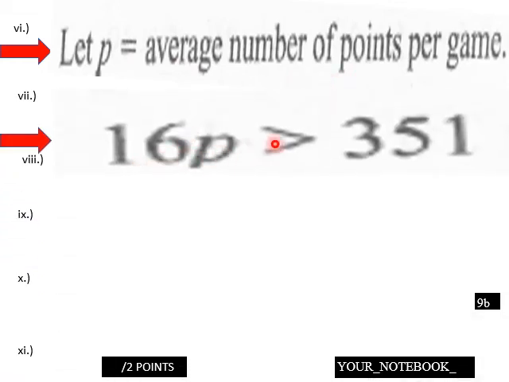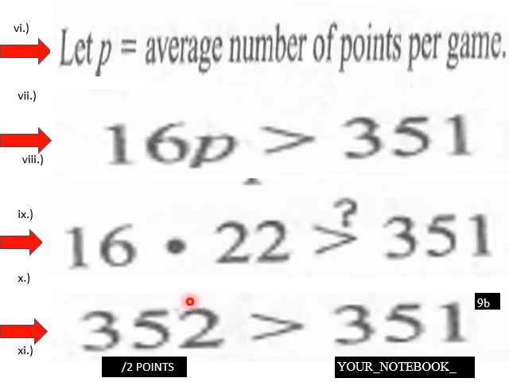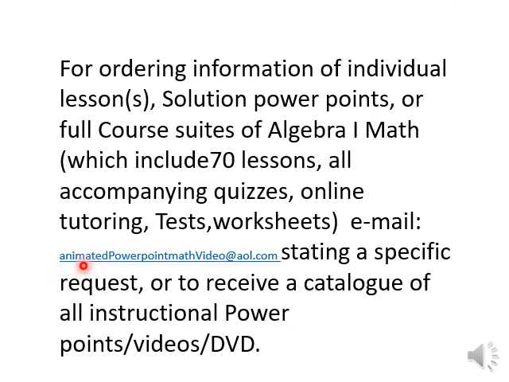We have 16P is greater than 351. If we plug in 22, will that be enough to be greater than 351? 16 times 22 is 352, which is greater than 351. It would be enough to beat last year's. 22 points per game will be enough to beat last year's total. And that's your lesson for today.